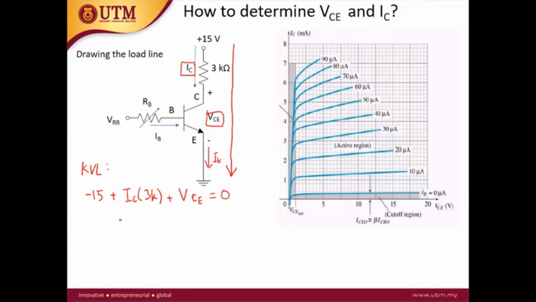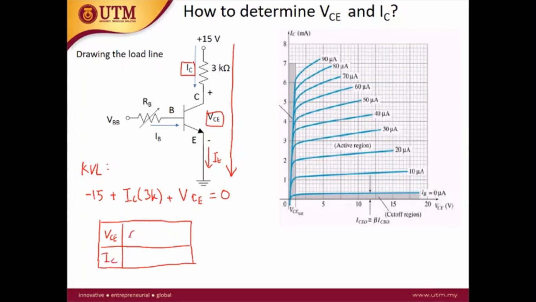So we already get the load line equation. Next we need to plot the load line. Since the load line is a linear equation, we only need 2 points to plot the graph. This is VCE, and here IC.